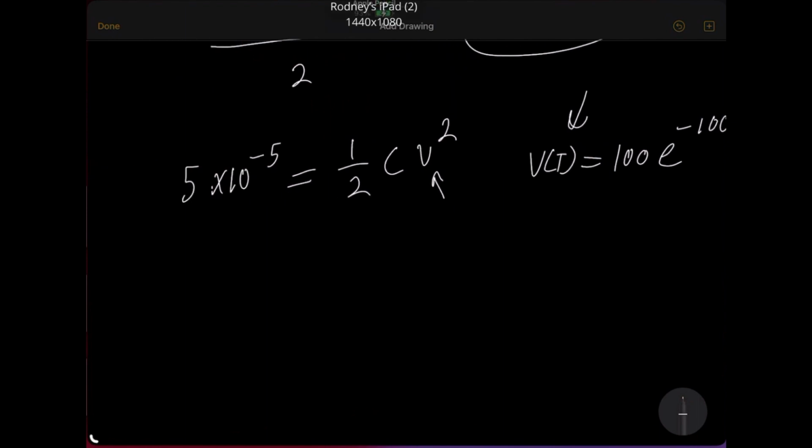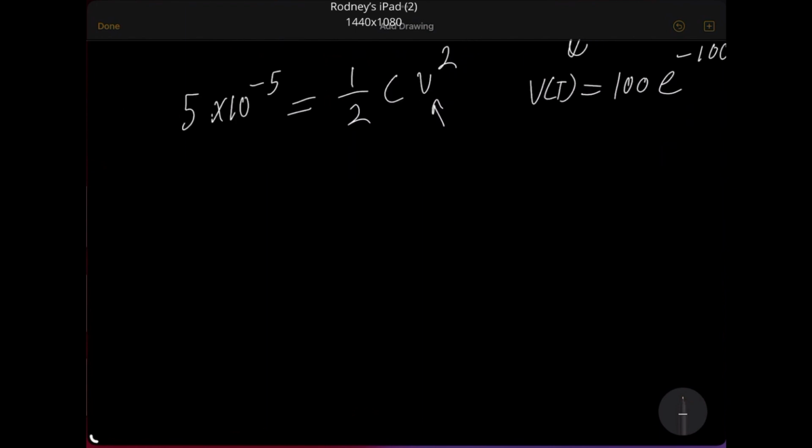Okay, so let's figure out what all that is. 5 times 10 raised to the negative fifth times 2. Divide the capacitance over. And we get 44.72 volts.